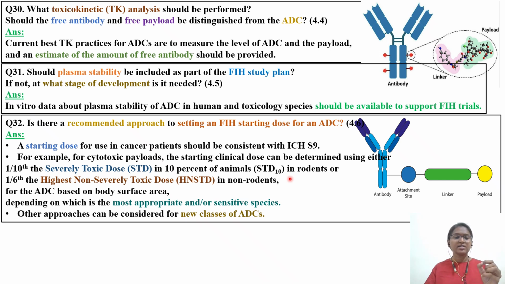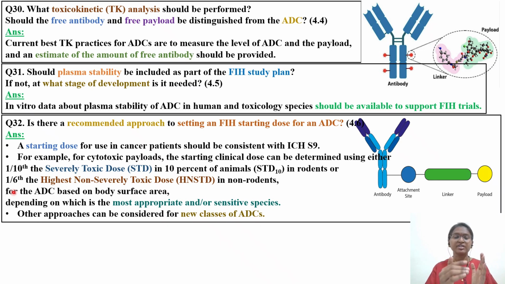In the case of non-rodents, like dogs or monkeys, instead of NOAEL we are going to identify the highest non-severely toxic dose, HNSTD. Here the fraction is 1/6 of HNSTD, which will be considered as the starting dose for this type of ADC drug. And you can see why there is a difference.